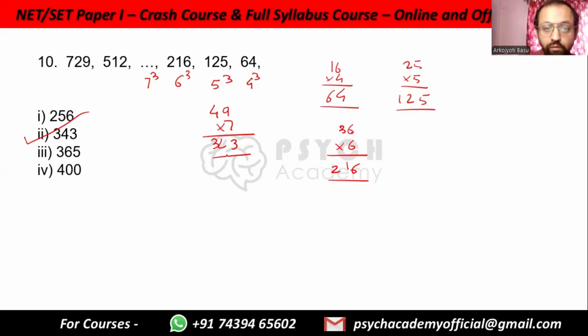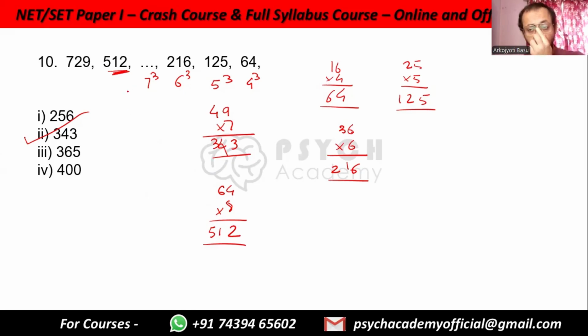Similarly, we get 343. Let's try with 8. 64 into 8. 8 4s are 32. 2 carry 3. 8 6s are 48 and 3 is 512. 512, that's what we have here. So the answer is 343.